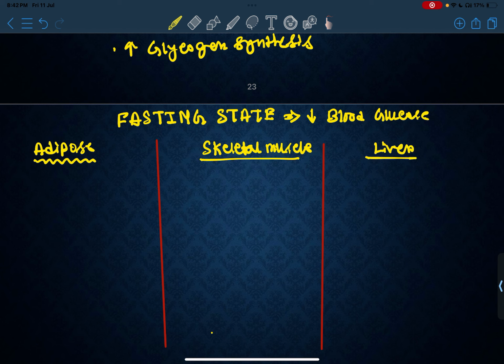So you can just see it in one slide and compare the things. So what will happen in the adipose tissue?